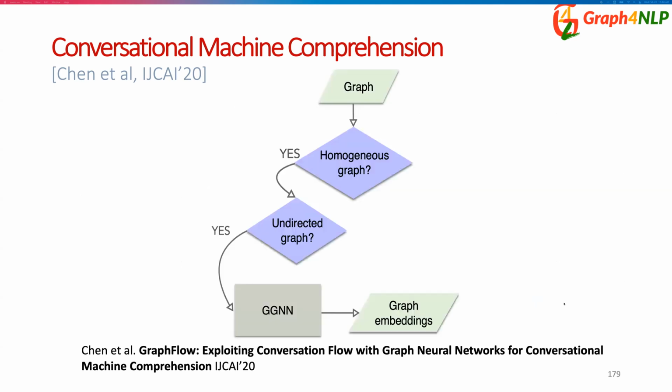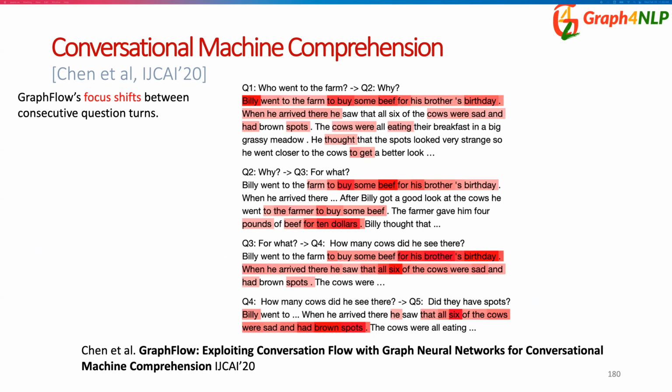So this is a summary, mapping to what we have talked about before. With the dynamic graph, we can easily visualize the changes of hidden representation of the context words between consecutive turns by computing the cosine similarity of the hidden representation of the same context words at each turn, and then highlighting the words that have smaller cosine similarity scores.